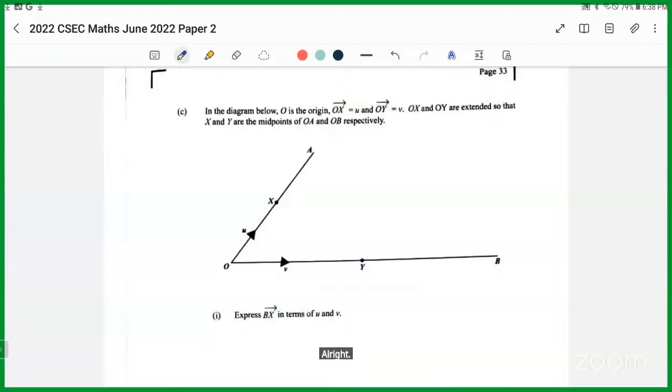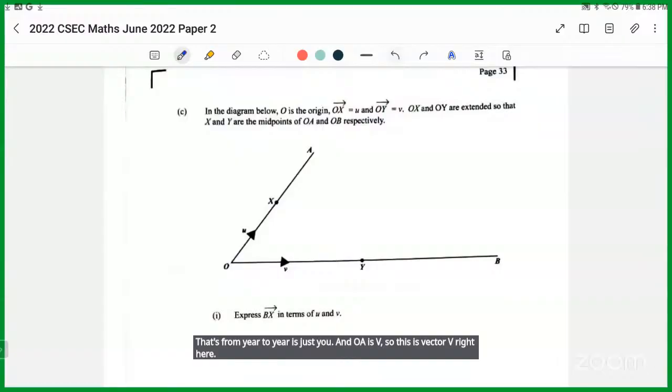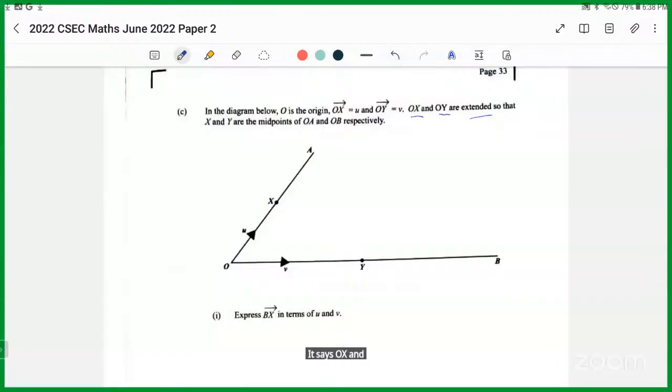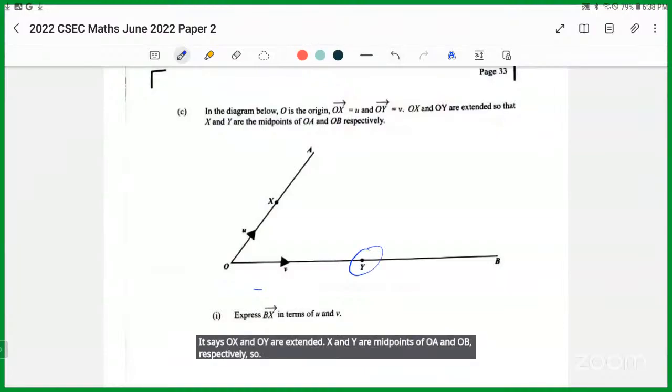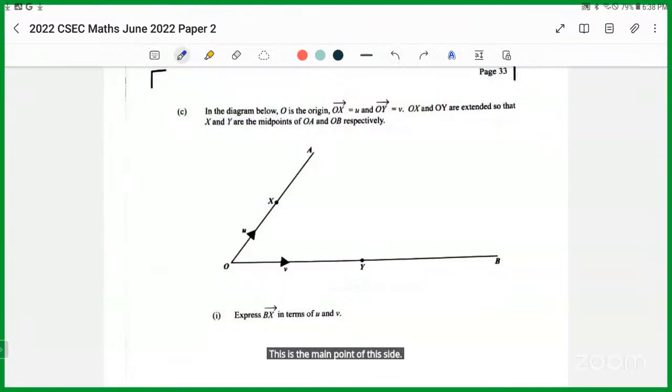This one says in the diagram below, O is the origin, OX is U. This vector right here is U, from here to here. And OY is V, so this is vector V right here. It says OX and OY are extended so that X and Y are midpoints of OA and OB respectively. If this is the midpoint of this side, it means that this length and this length are the same.